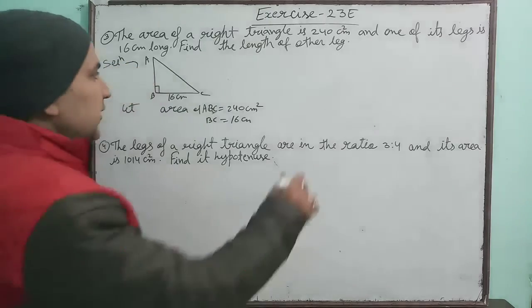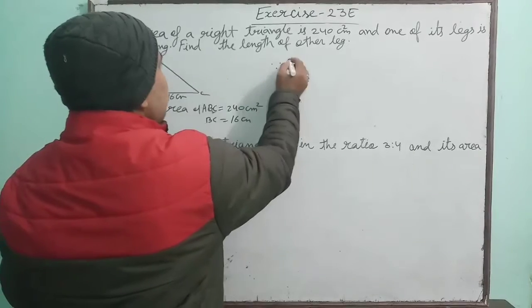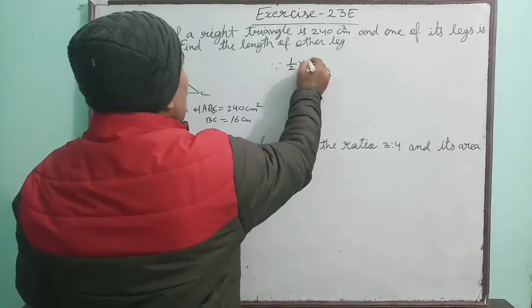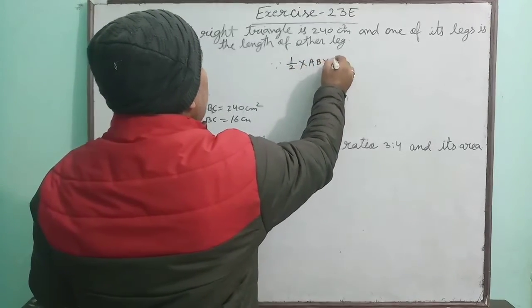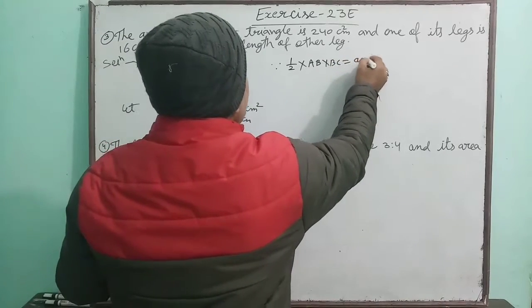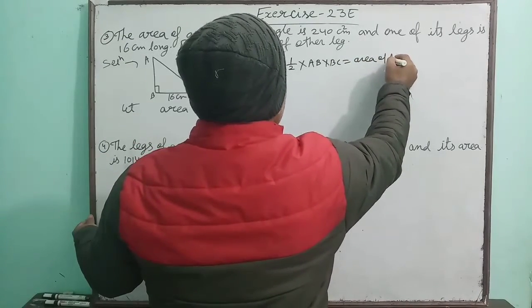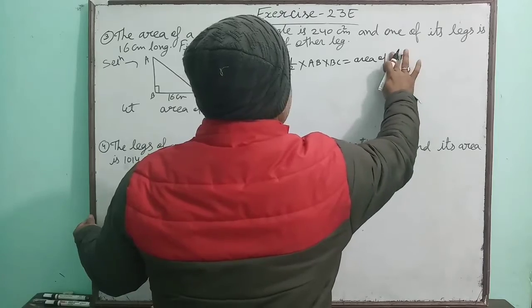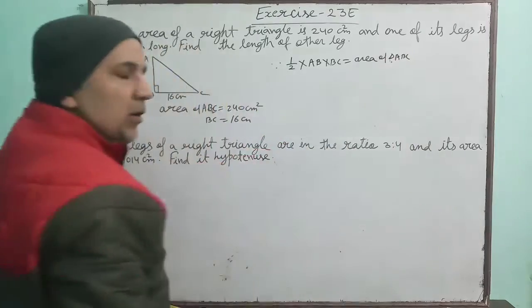Is this clear? That means in this triangle you can see that 1 by 2 into AB into BC is equal to area of triangle ABC. Okay?